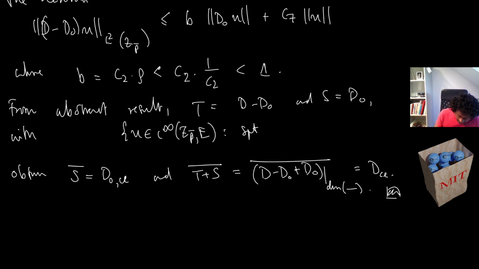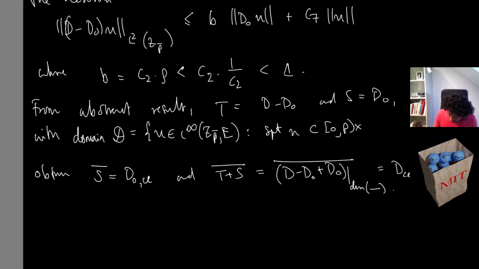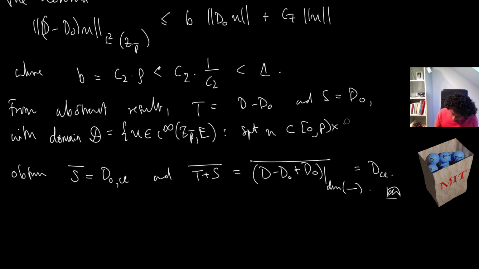So let me write with domain D equal to this, support of u is in the subspace of 0 to rho cross the boundary, and then I'll put D here. Okay, so this is right.